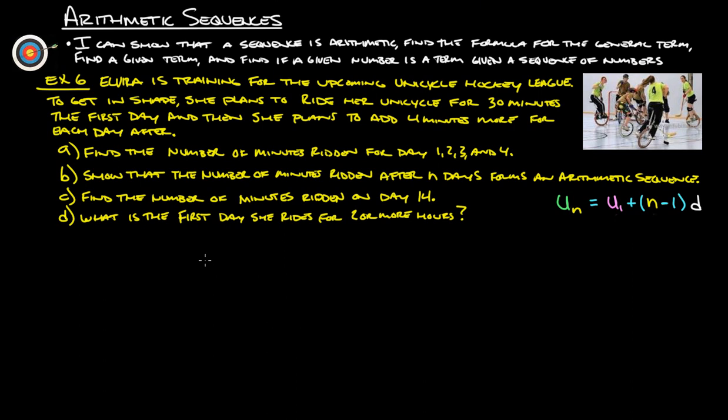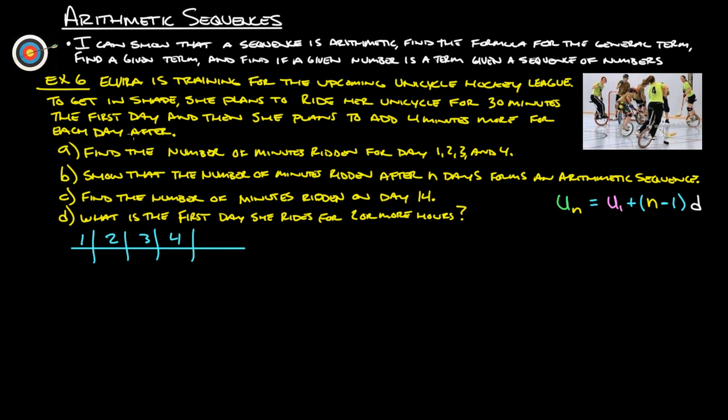Okay. Example 6. Elvira is training for an upcoming unicycle hockey league. To get in shape, she plans to ride her unicycle for 30 minutes the first day, and then she plans to add 4 minutes for each day after. Find the number of minutes ridden for days 1, 2, 3, and 4. So let's make ourselves a little chart. We've got day 1, day 2, day 3, and day 4.